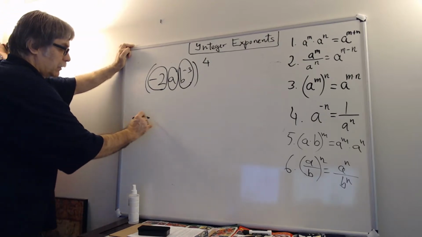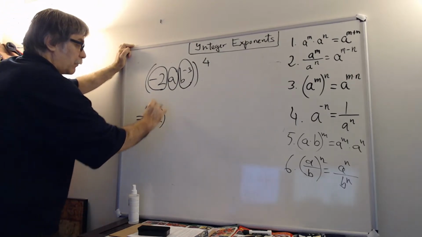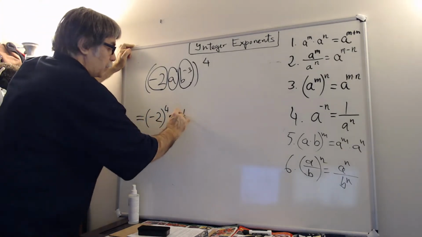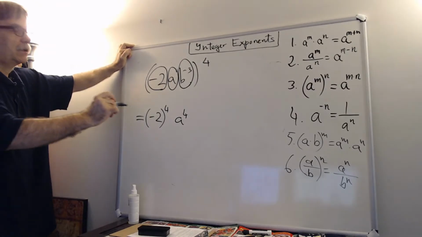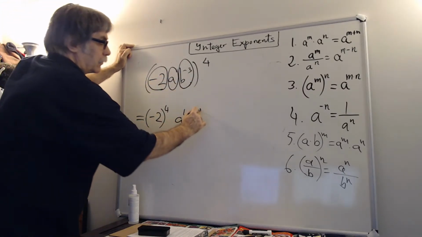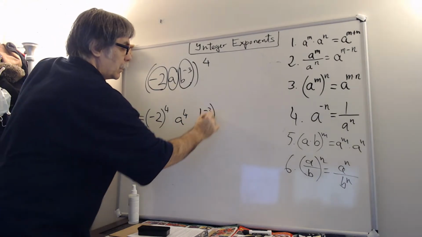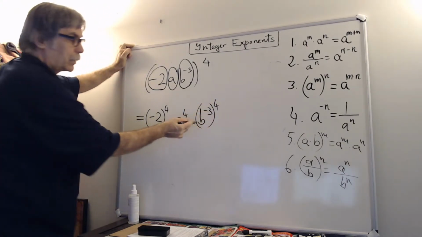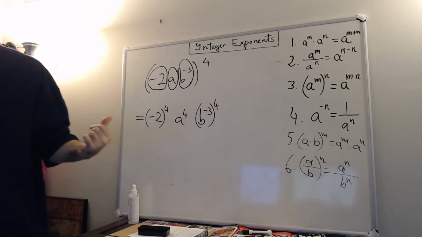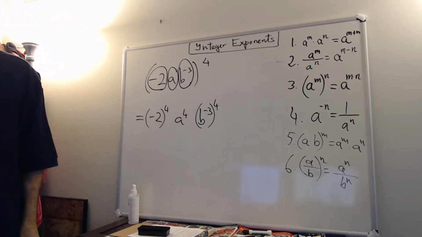So you could write -2 with the power of 4, a with the power of 4. That's the second one. The first one. The second one. And then the third one. And make sure you include parentheses, because if you don't include parentheses, it will read negative 3 to the 4, and that's not the intention. So that's a mistake.